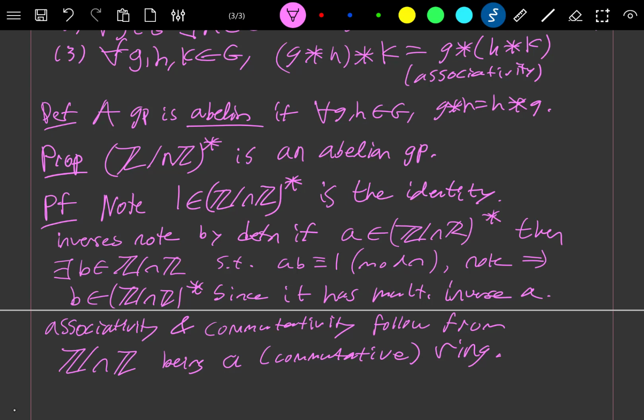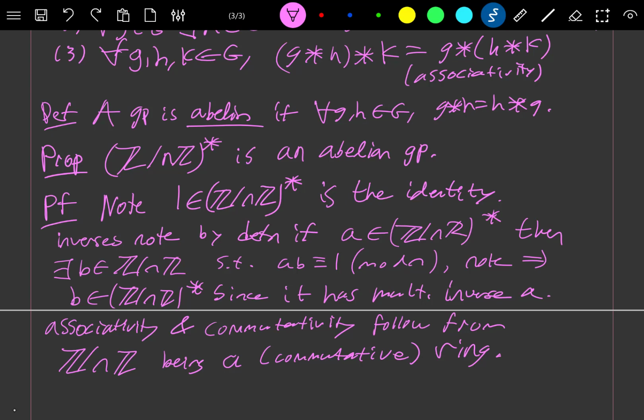That is, the multiplication in Z mod nZ is already commutative and associative. Thus, when we look at this subset, this multiplication has to be commutative and associative.